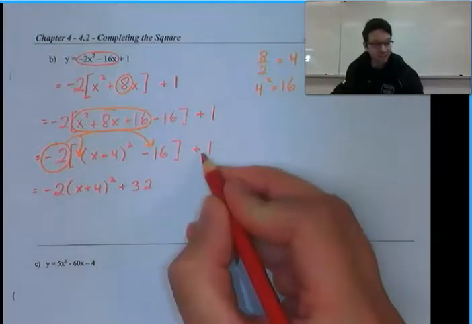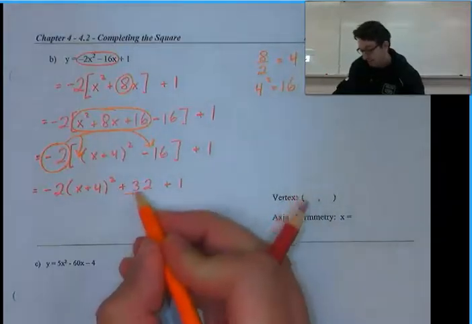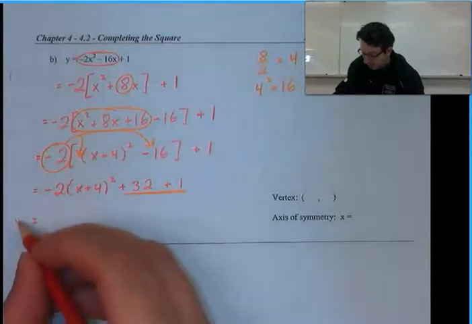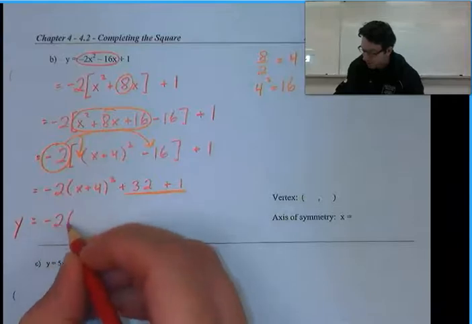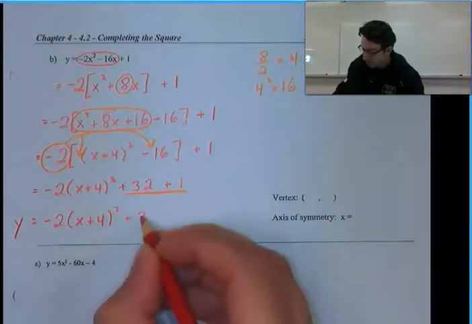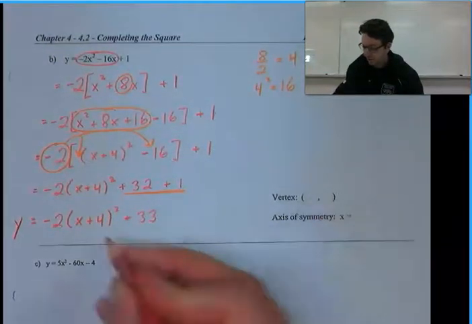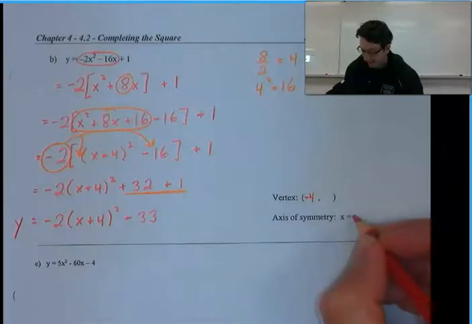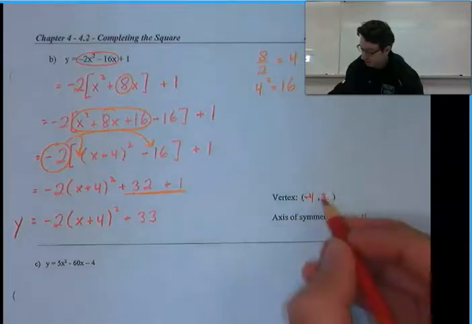And then we still have this plus 1 on the end. So now take these two constants, add them together, and we end up with our vertex form of the equation, -2 times x plus 4 squared plus 33. From that, we can pick out the vertex, so the x-coordinate is -4, which is the same as our axis of symmetry, and our y-coordinate is 33.